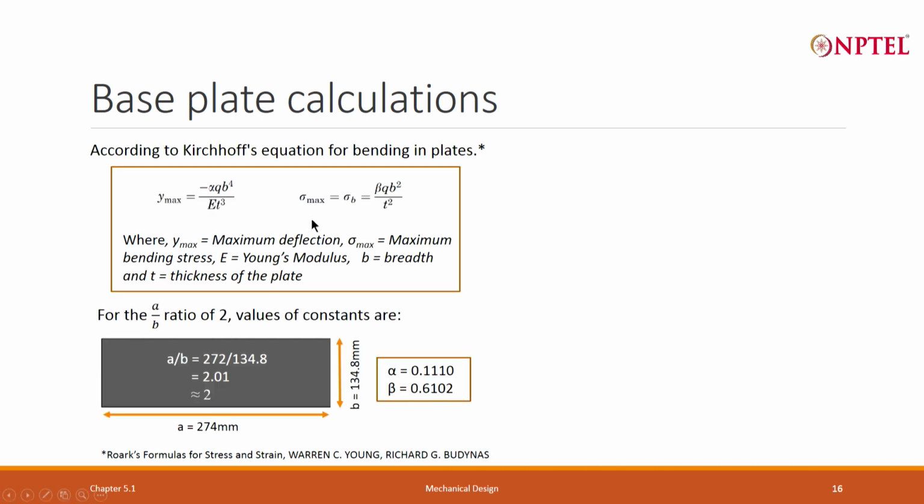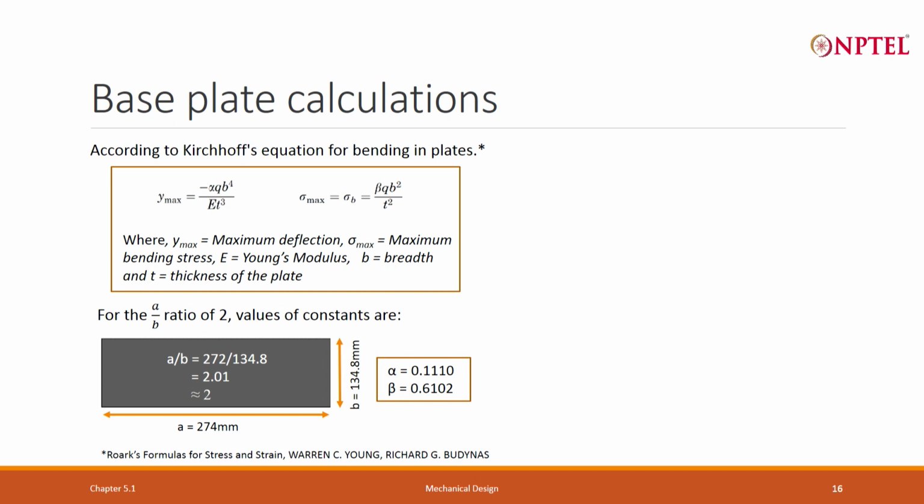So, what is not known? B we know, t we do not know, all other things we know. We also know a is the length. There is some terminology known as aspect ratio, maximum length by minimum length, or length by breadth.